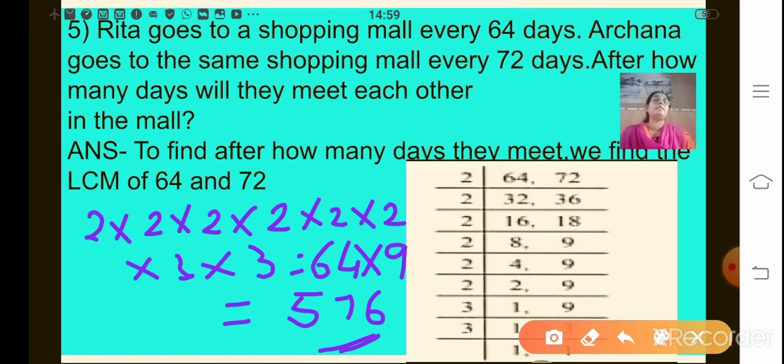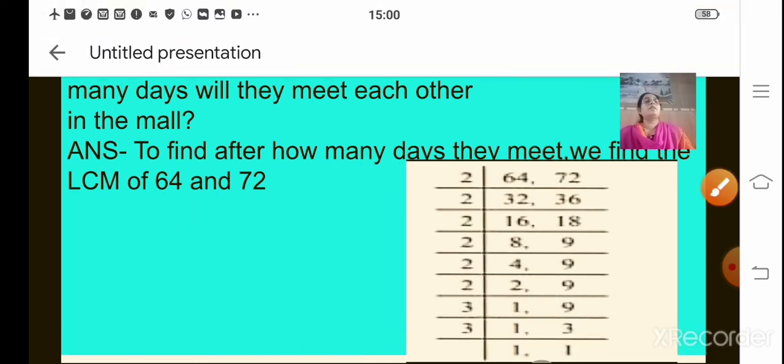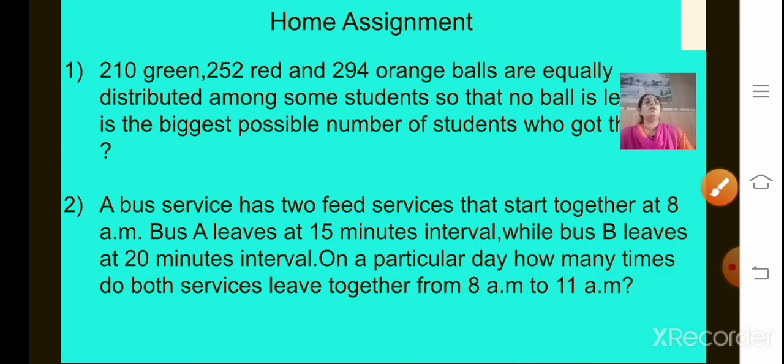After 576 days, they will meet each other in the mall. Okay, so these words, every 64 days, every 72 days, tell us that it is an LCM type of question.